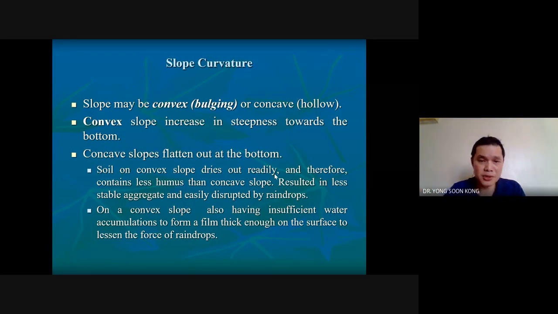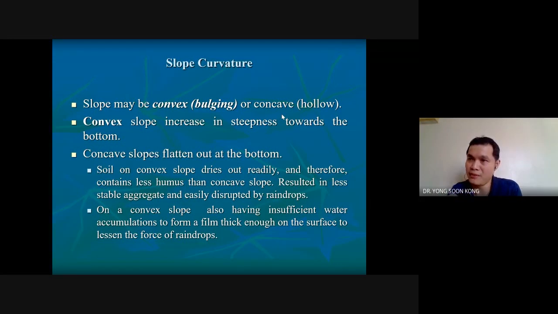Now, contrary to that, the concave one: you know why concave usually has less severe erosion? Because you have a U shape, for example. At the bottom of this concave, it usually retains water. When it retains water, number one, it will have a thin film of water. Remember just now, a thin film of water stops the beating. It reduces the beating. That's number one.